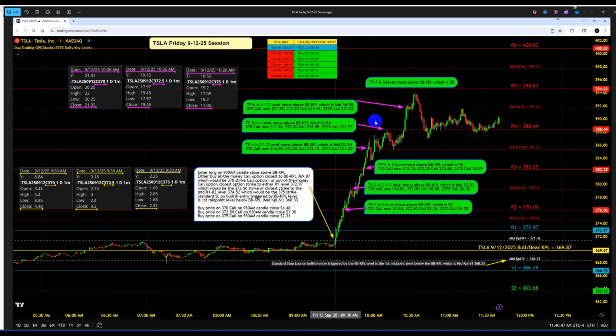If you're trading just one contract or two contracts, then you would need to make a choice about what the minimum target is for you. If you're only trading that amount of contracts and you have to get out 100% instead of scaling out, then what you would want to do is adjust your stop as price moves up. So your stop is here. When it hits this level, you would want to move your stop at least to the R1 level.